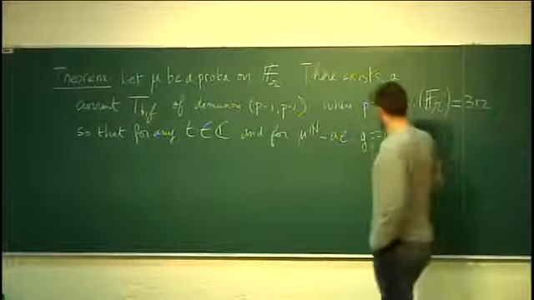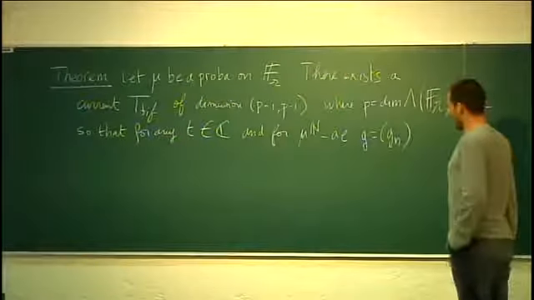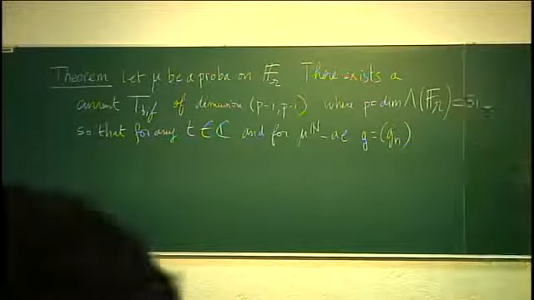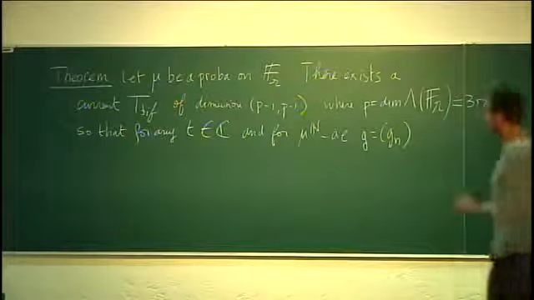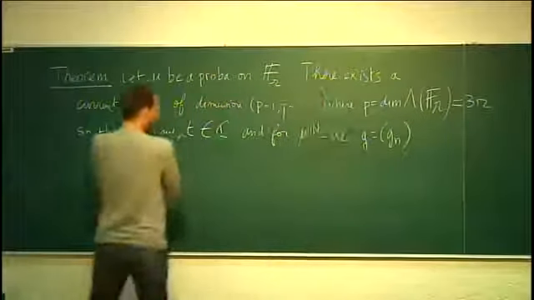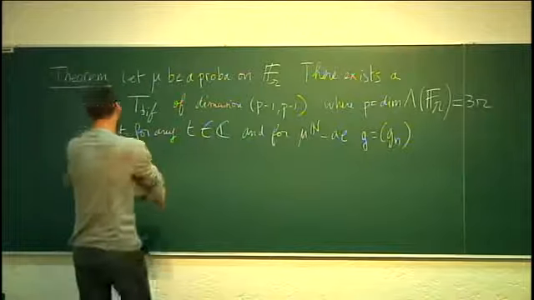And we consider the product of the first n elements of this sequence, and at each time we multiply on the right. So we consider the right random walk.